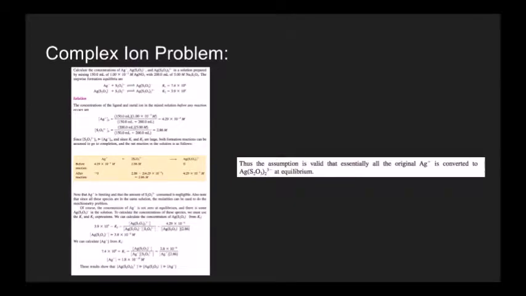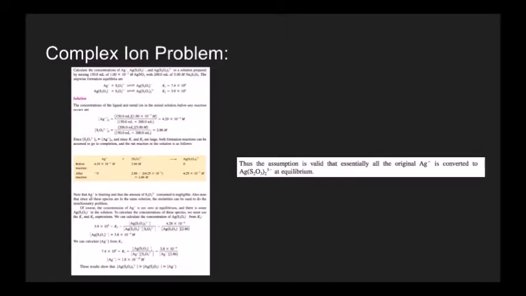According to the ICE box below, you can see that Ag+ acts as the limiting reactant and S2O3 2- is in excess. Therefore, x is negligible for S2O3 2-. By using the K values that you see, you can calculate the concentration of Ag(S2O3)- from K2. K2 is equal to 3.9e4.